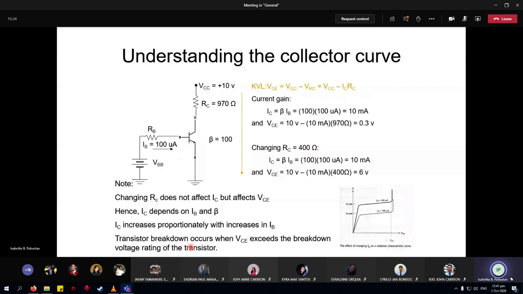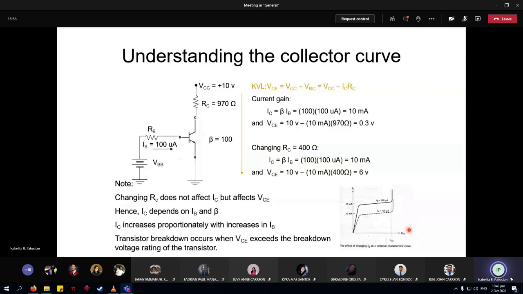Now, transistor breakdown. The transistor breakdown is here on the right side. Transistor breakdown occurs when the VCE exceeds breakdown voltage rating of the transistor. How will you know kung ano yung breakdown voltage ng transistor? You're going to look for the breakdown sa data sheet.